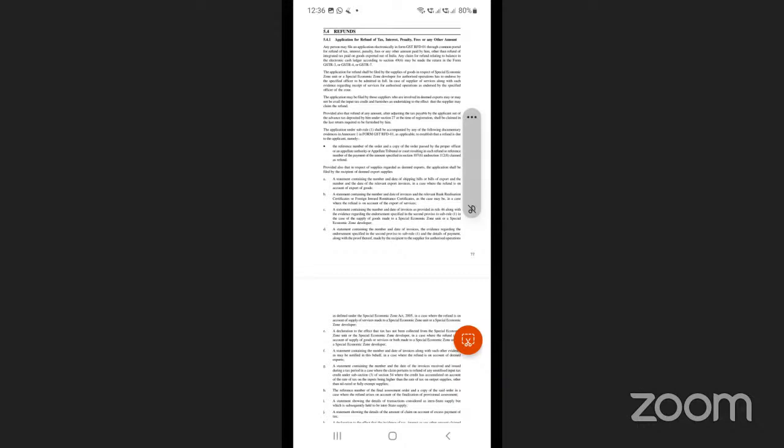Or the export is with payment of duty, where goods being exported, you then have to claim that as a refund.